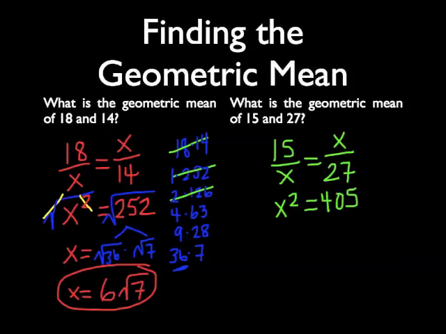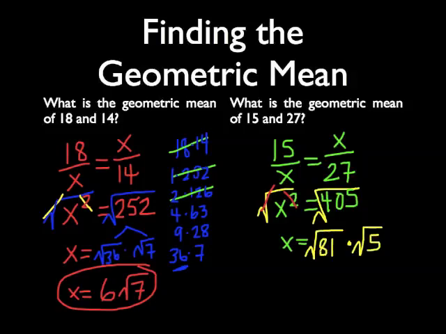And of course, how are we going to undo that square? We're going to take the square root of both sides of the equation. So the square and the square root reduce each other. We are left with x is equal to, oh my, I'm going to use some of my handy-dandy math skills, and I'm going to tell you that this is the same thing as 81 times 5, because 81 times 5 is 405, so the square root of 81 times the square root of 5 is equal to the square root of 405.